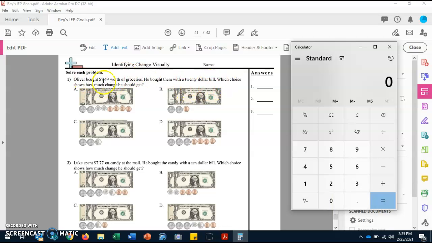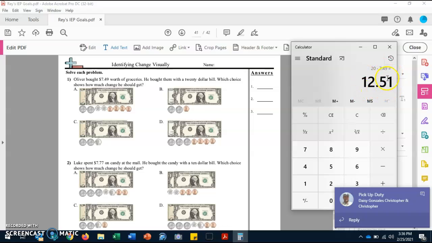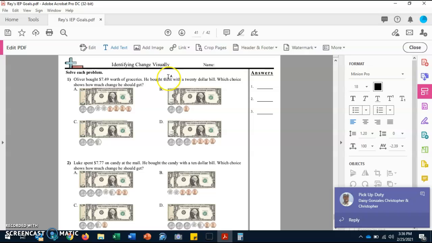So we know he gave them $20 and that he spent $7.49. So his change should be $12.51. I want you to write it down up here.